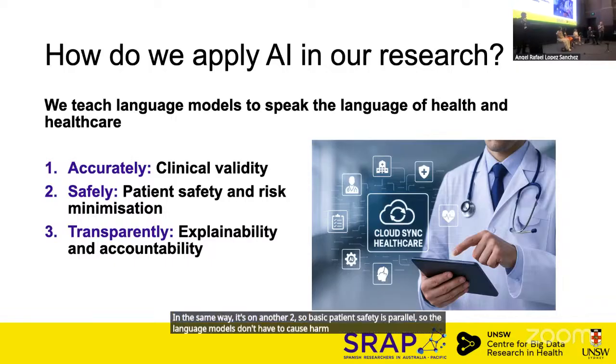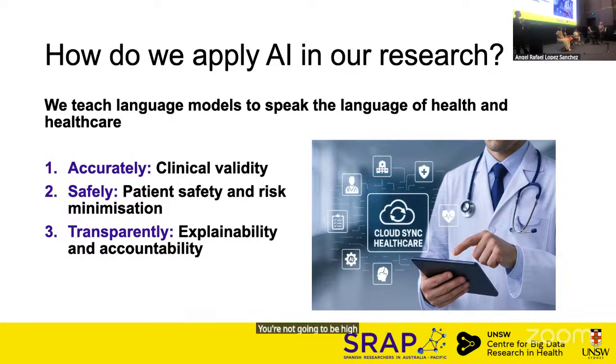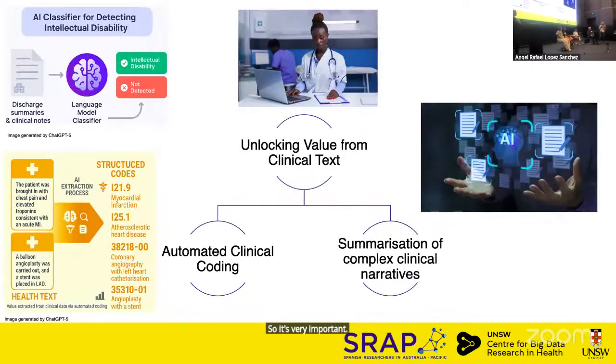And then transparently, because usually these large language models are black boxes and we don't know exactly why they make the decisions that they make. So it's very important. Just to give you three examples of some of the projects that we do.